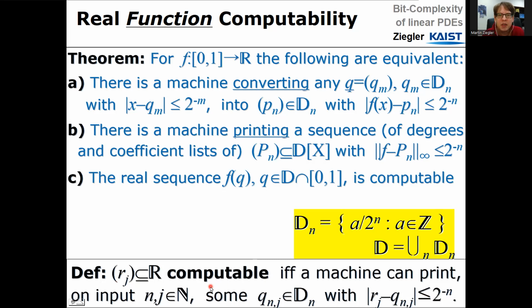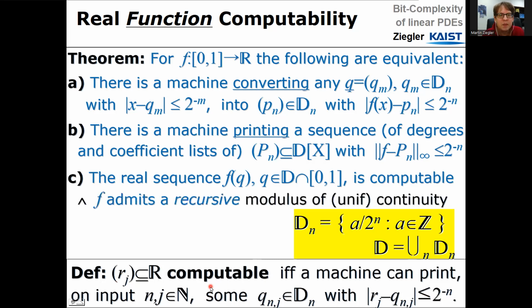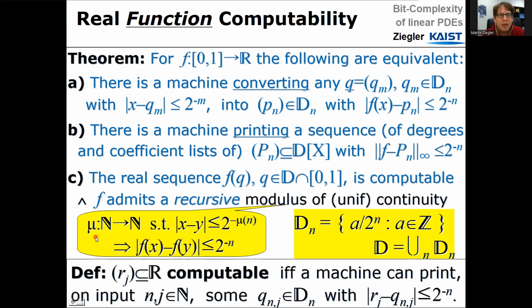And for the third one we amend it and make an additional requirement, namely that the function must have a recursive modulus of uniform continuity, where this modulus is a mapping from integers to integers, satisfying the condition that whenever arguments are sufficiently close to each other, then also values must be sufficiently close to each other.